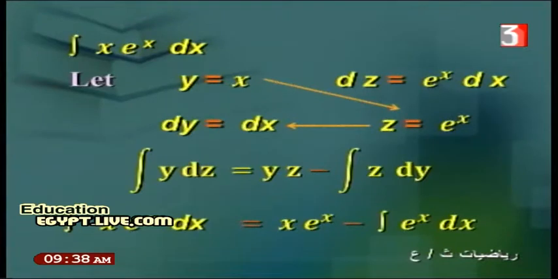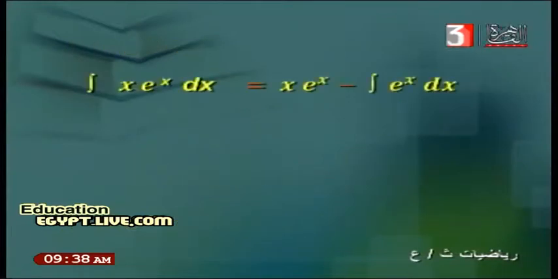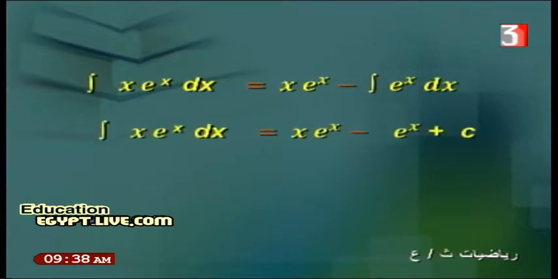Integration x e power x dx equals x times e power x minus integration e power x dx. This relation, x e power x minus integration e power x dx, equals x e power x minus e power x plus c.